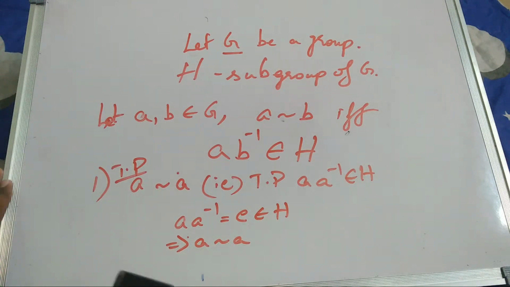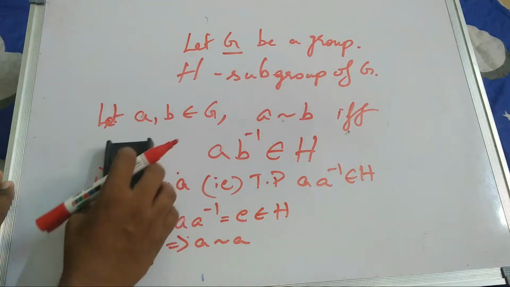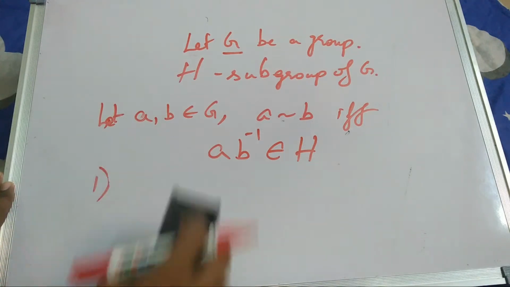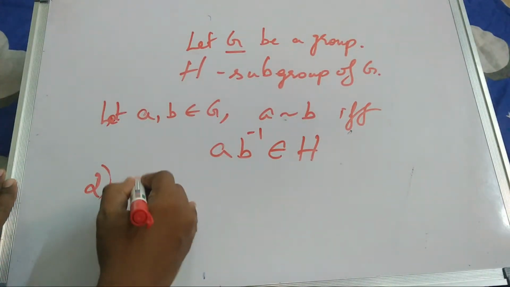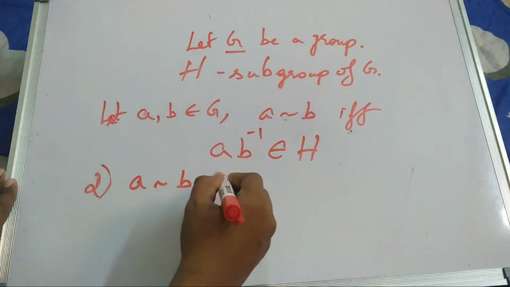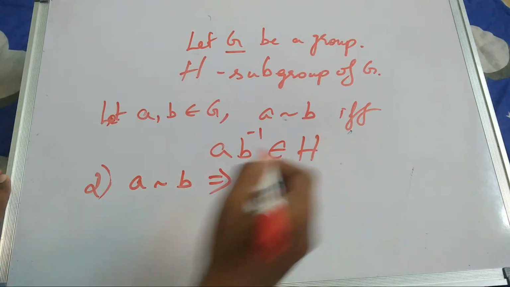Next we need to prove symmetric. Assume a is related to b, and we need to show that b is related to a.